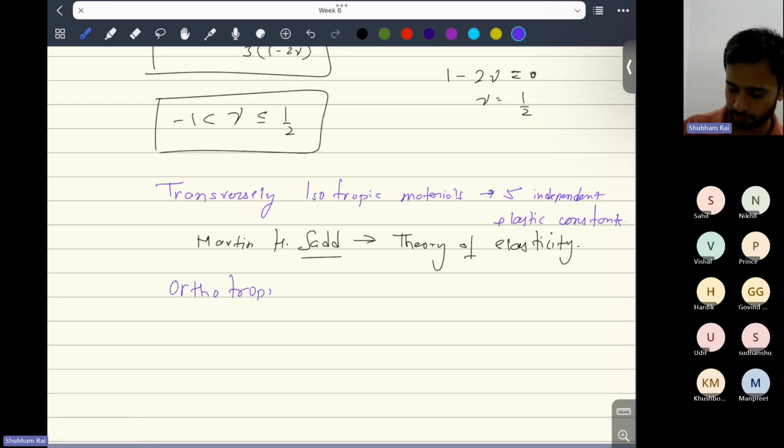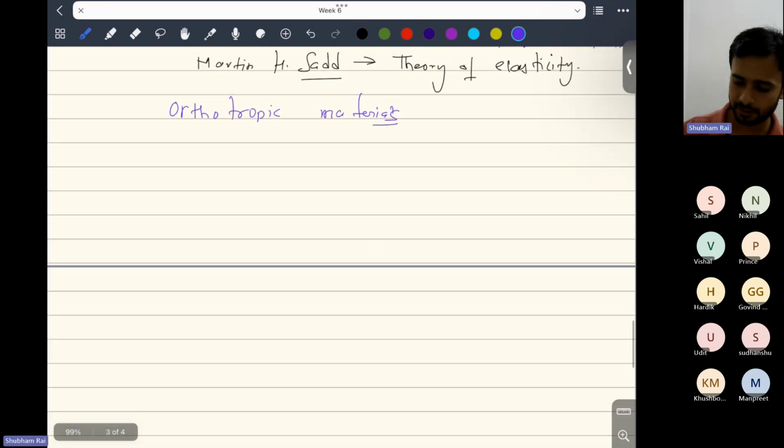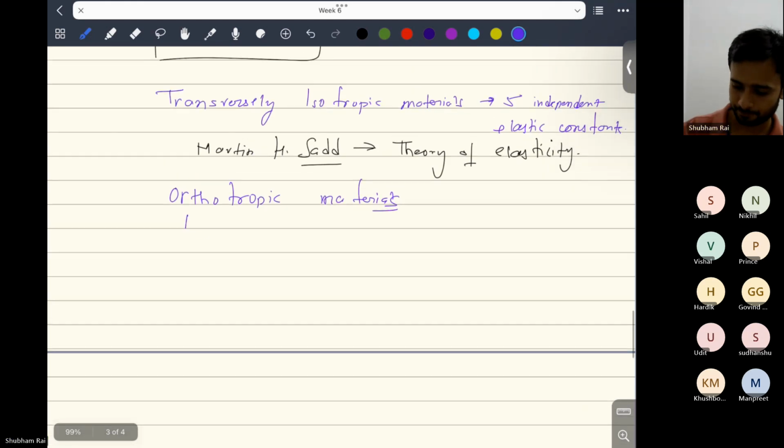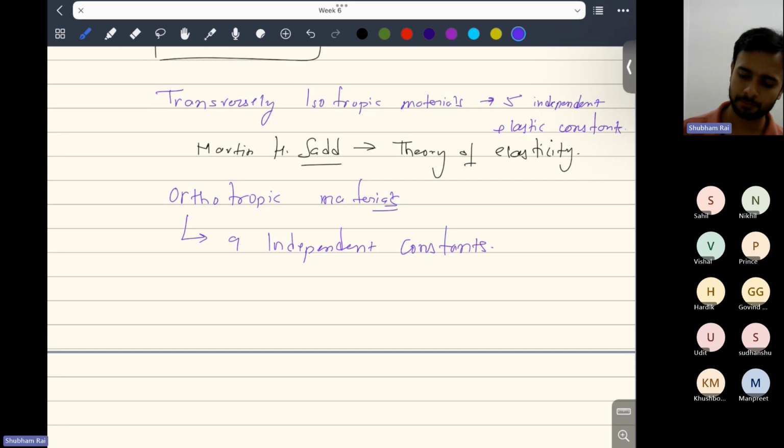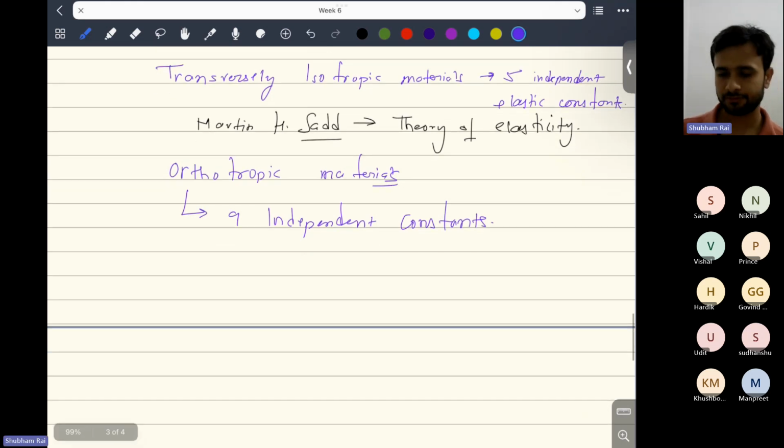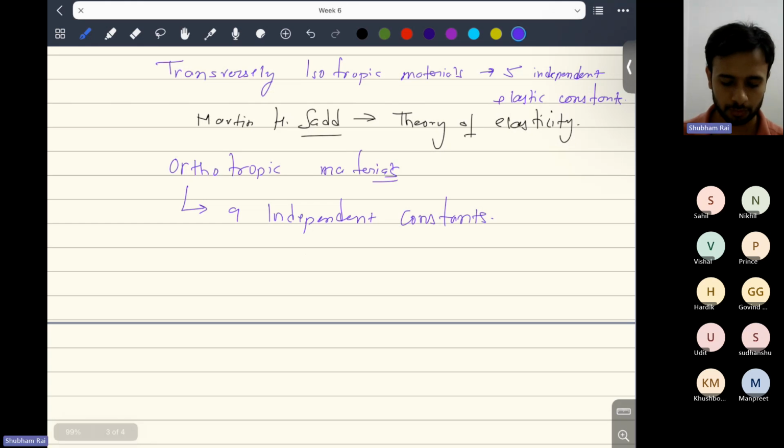Now you have orthotropic materials. In these materials, you have nine independent constants. Then we will go to problems.